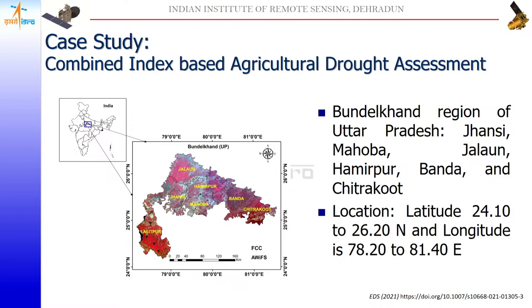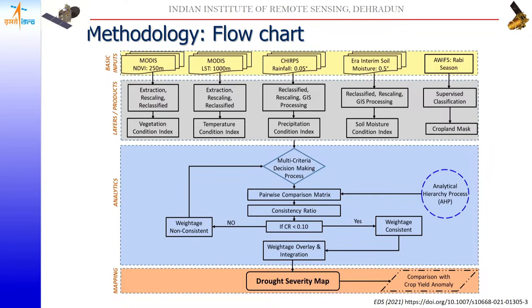Along with this, people mainly work with Kharif season drought condition, but in this study we did the Rabi season drought of the Bundelkhand, Uttar Pradesh region, where we are using around 20 years of data sets from remote sensing products. The methodology flowchart is shown here.